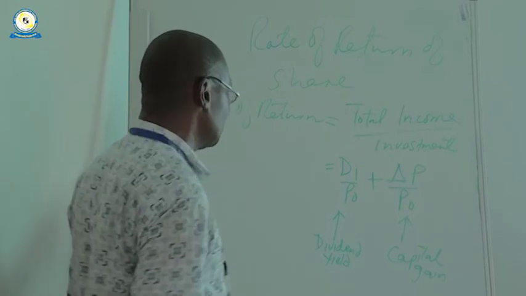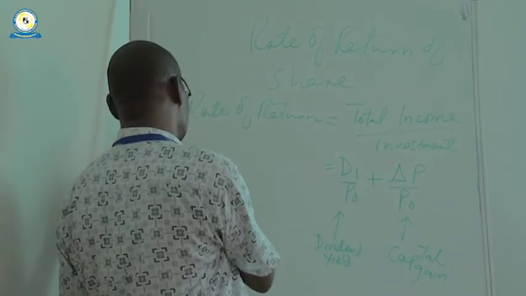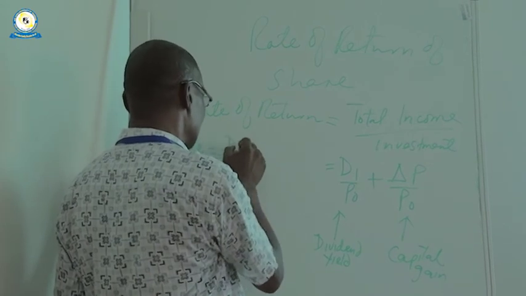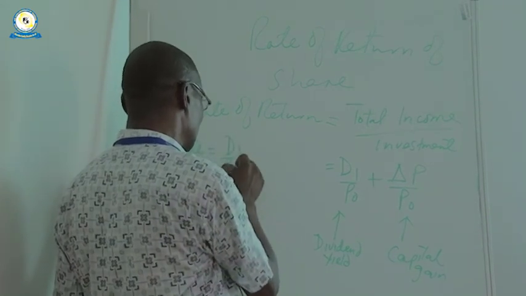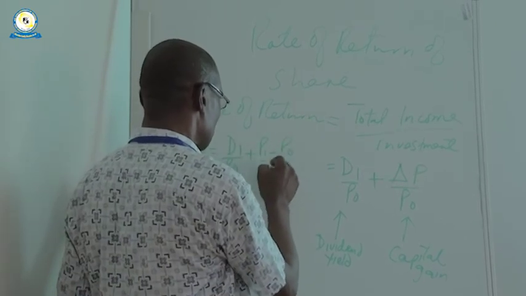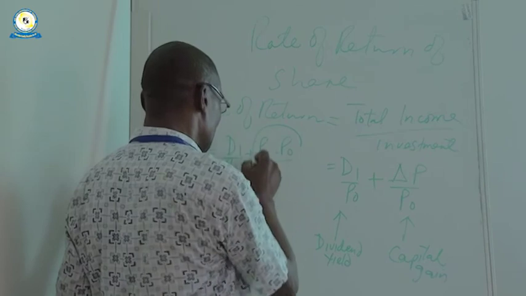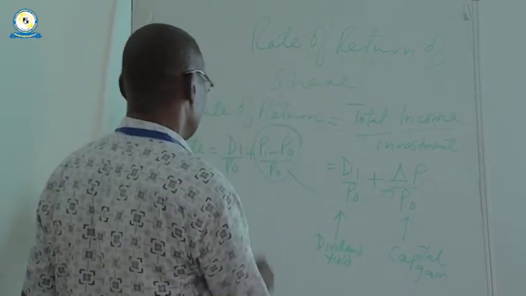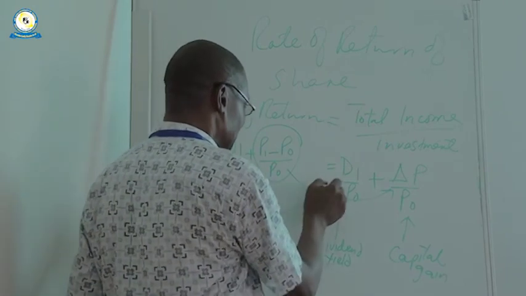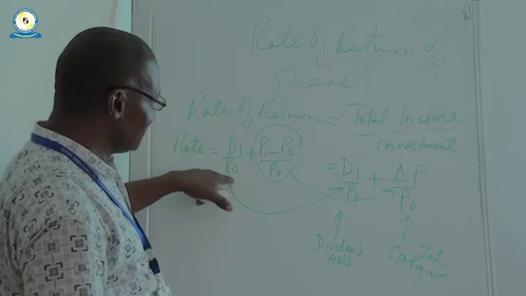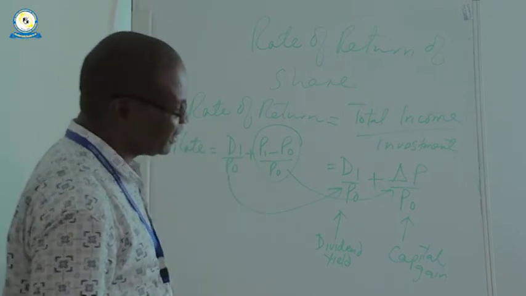In other words, rate of return is equal to D1 over P naught plus P1 minus P naught over P naught. This is what brings us change in capital, and this one is what we call current yield. So in order to get the rate of return, you take dividend yield plus capital yield.